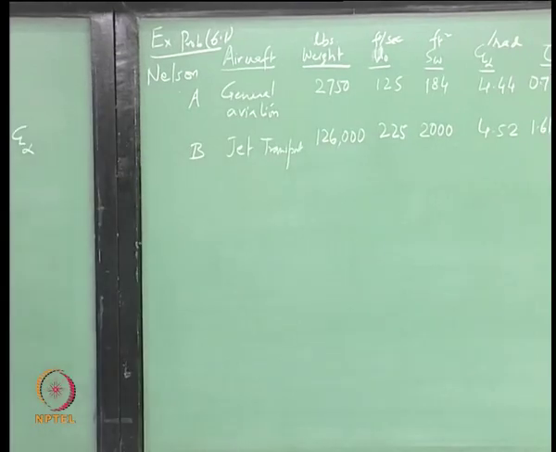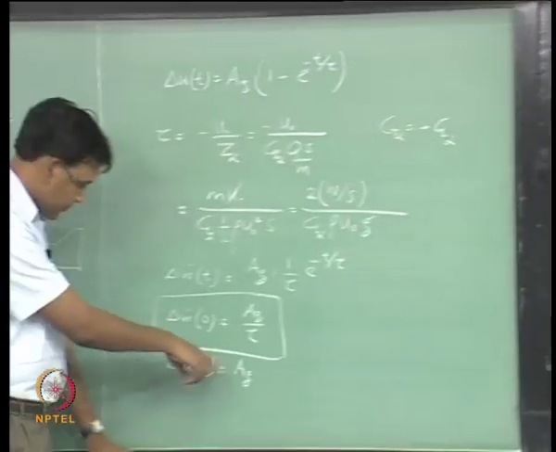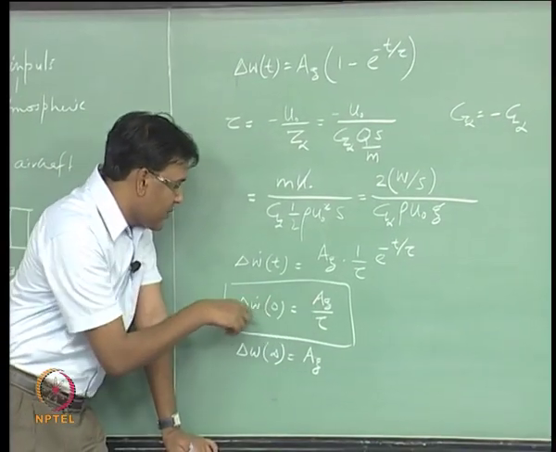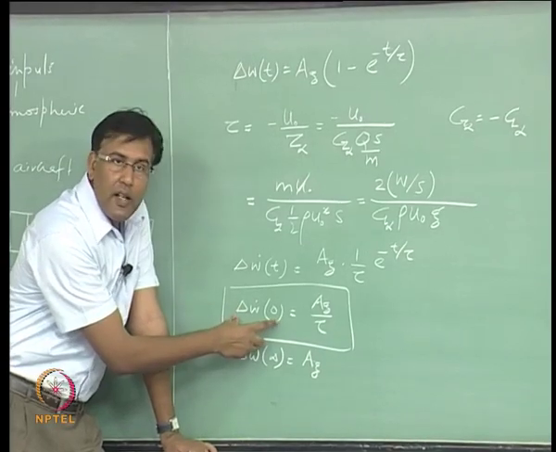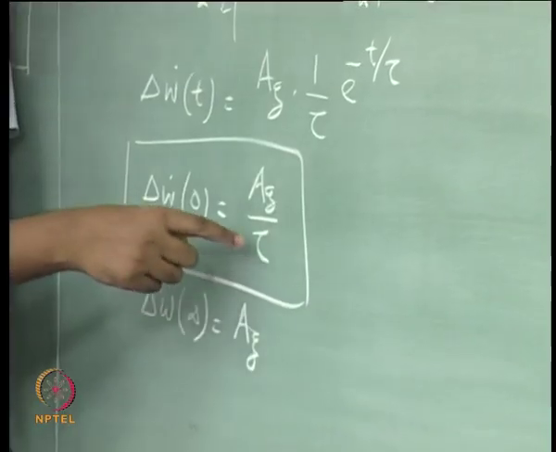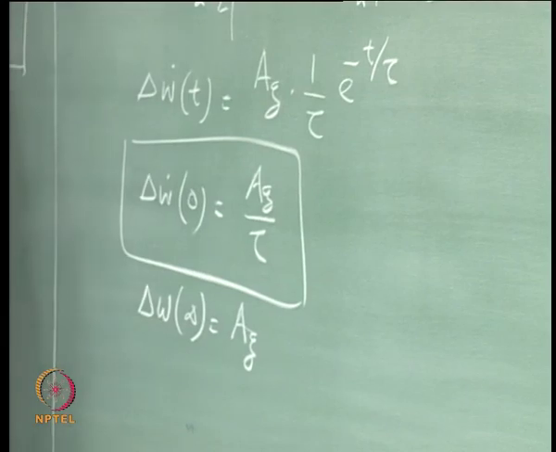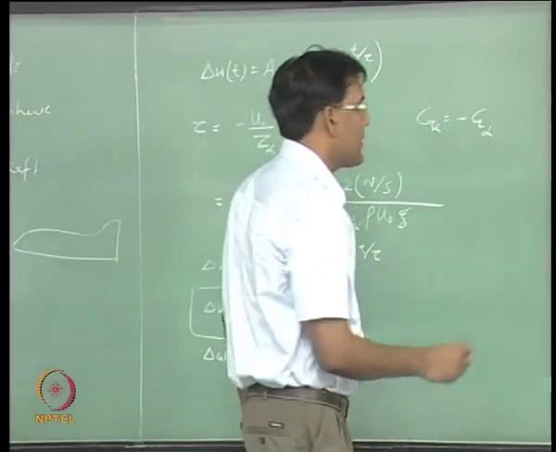So, clearly whatever the amplitude of the gust may be, the acceleration at time t equal to 0 is inversely proportional to this time constant, right.